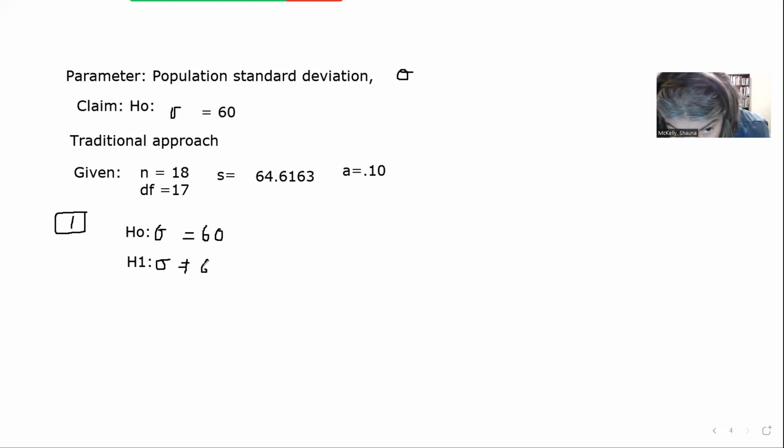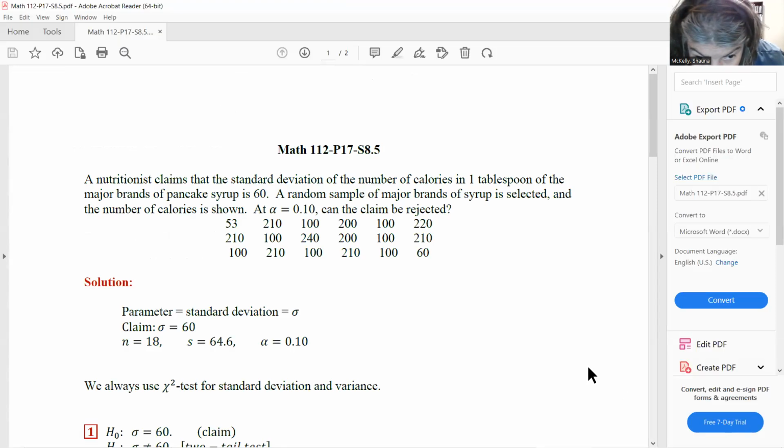Gotcha. All right. And then we know this is a two-tail test. And we know that my claim is H0. So here, my claim is H0. I've got a two-tail test.